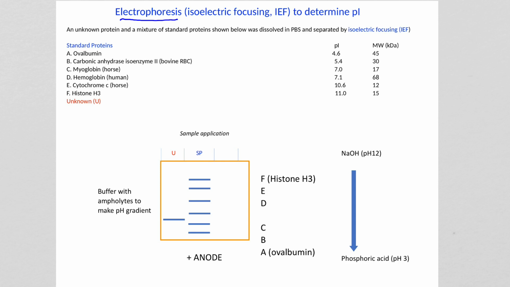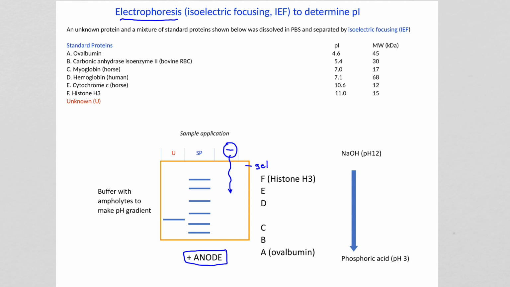Electrophoresis is a technique by which any biomolecule that has a net charge, whether negative or positive, it doesn't matter, can be separated. Let's say it was negative: when we apply that biomolecule on the top of a gel, it will travel towards the positive pole, which in electrophoresis is called the anode.